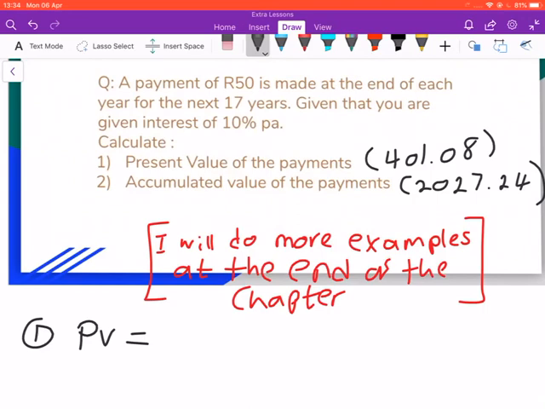These payments are made at the end of each year. That means they are made in arrears. So when they are made in arrears, we will use this formula, which does not have a dot on the top. So for 17 years, here's the period, 17 years, given that the interest rate is 10% per annum.